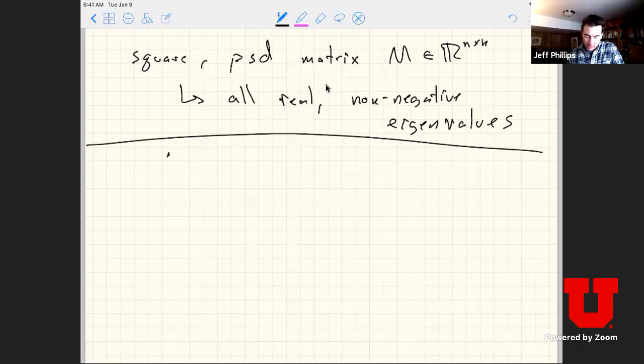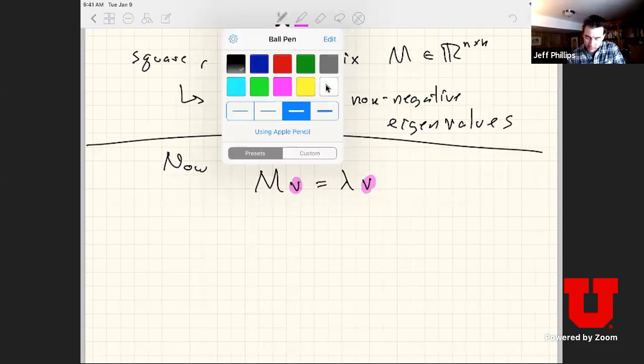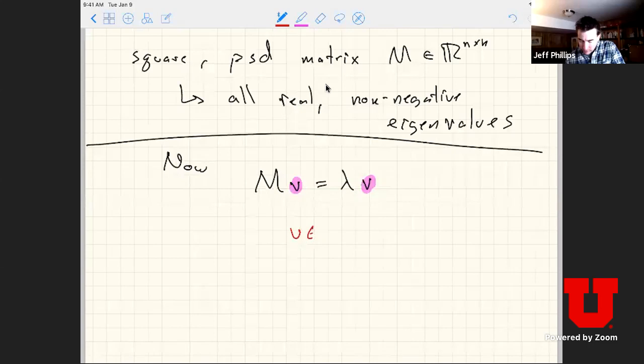Now, the eigenvector and eigenvalue structure, given this M, is a vector v such that if I multiply it by the matrix M, I get back lambda v. This v in R n is an eigenvector, and when I multiply it by the matrix, I get back a scaled multiple.